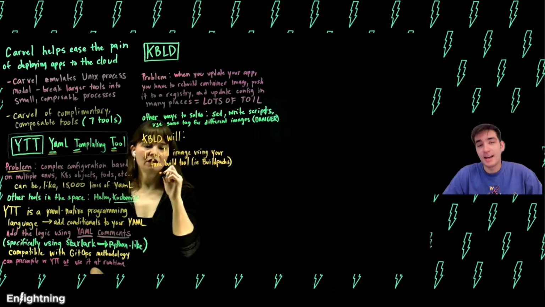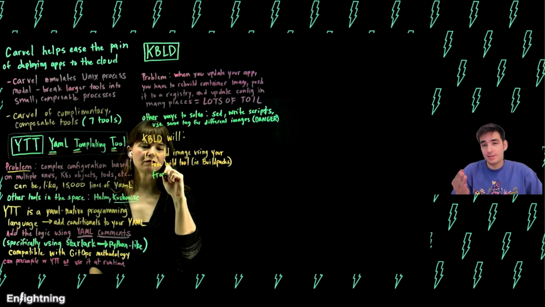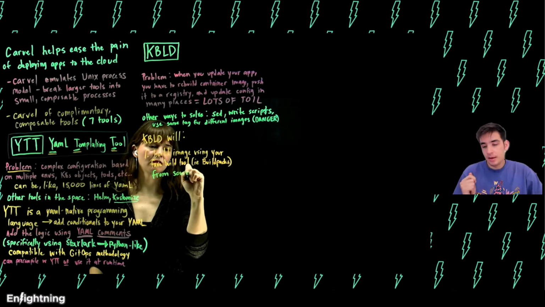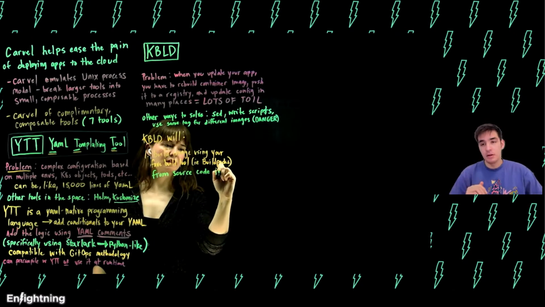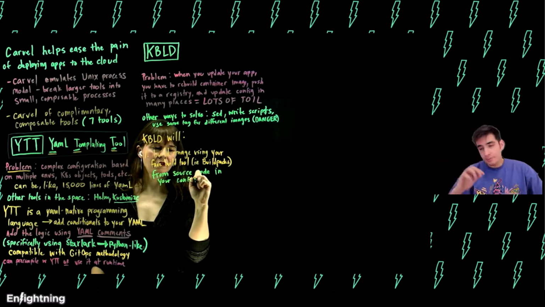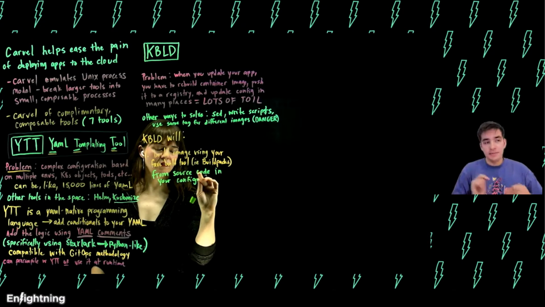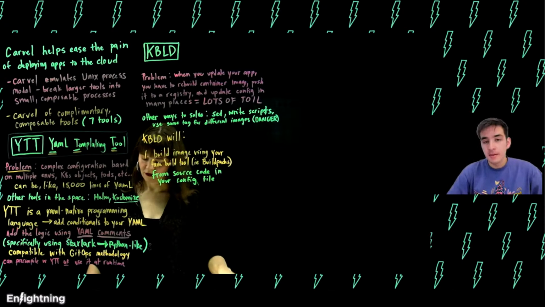Yeah. So in your Kbuild config, you can say, I have this container image for my app, and it's in /source/my app. And Kbuild will go to that directory and say, okay, I'm going to use Docker build, or I'm going to use Pack to make this container image based off of your config.